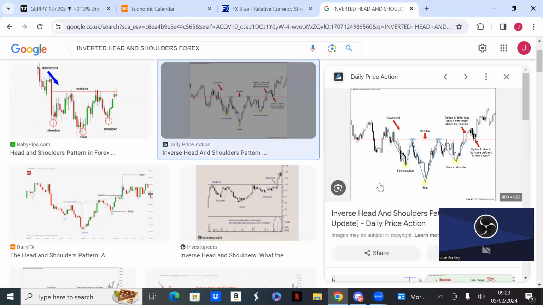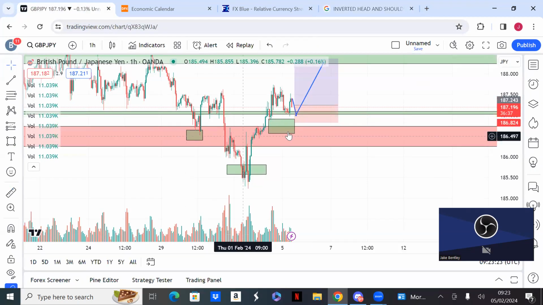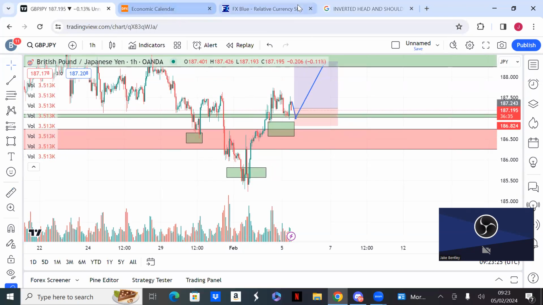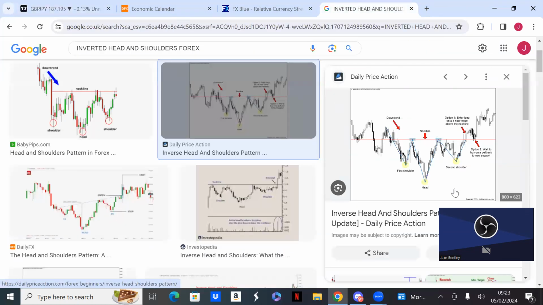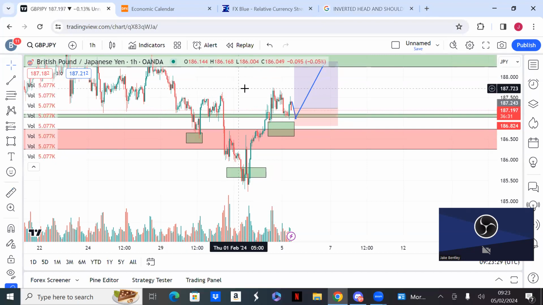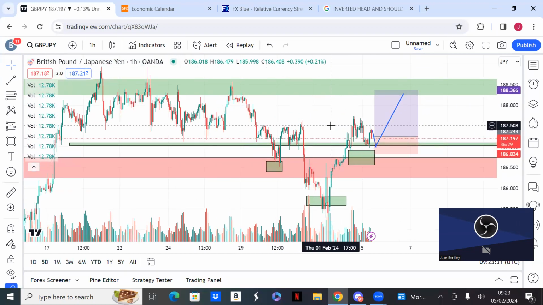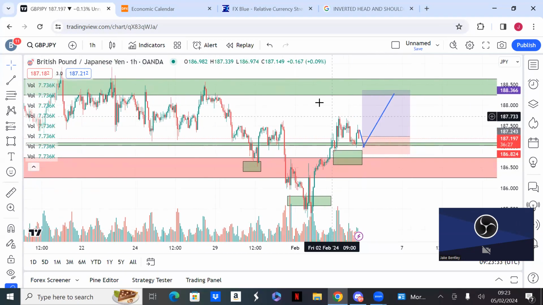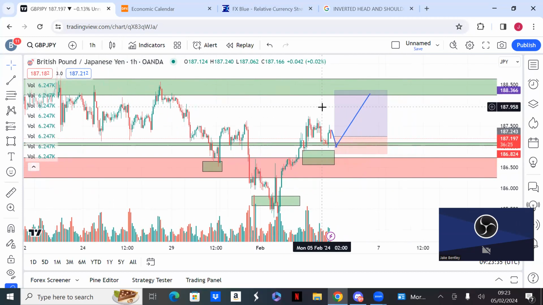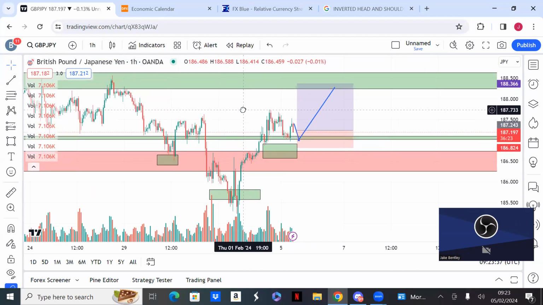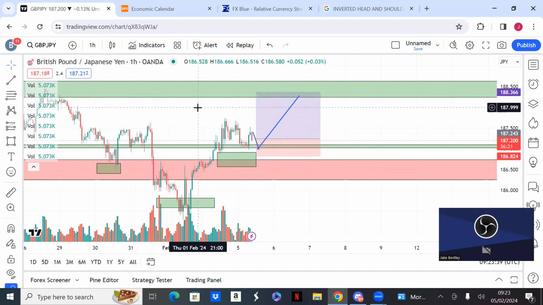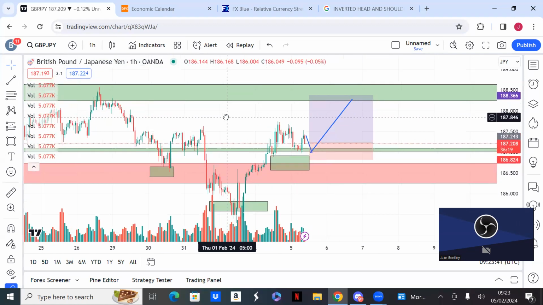There you go. Head, second shoulder. Boom. That's the one. Literally, I couldn't have found a better one. So it's a pattern that happens usually when we're going from a downtrend into an uptrend. It is a signal that we are now in a buying position rather than a selling position.